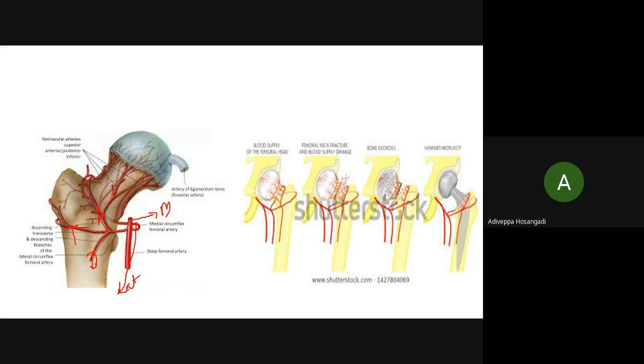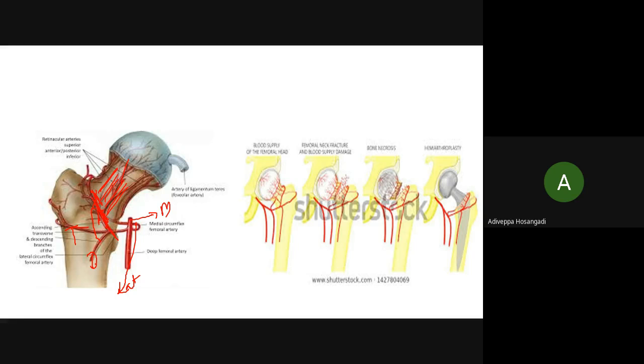So what it does, it forms the ring here. This circumflex is going around and comes here. It forms the ring, inside the capsule, above the neck. So please remember, it is extraosseous, on the surface of the neck. It gives multiple blood vessels.